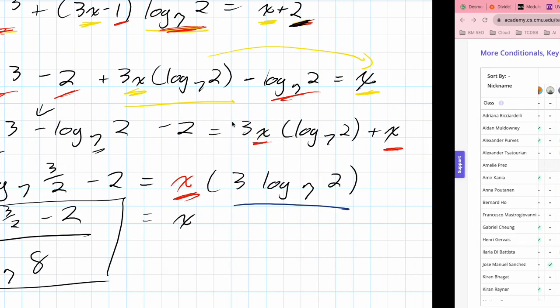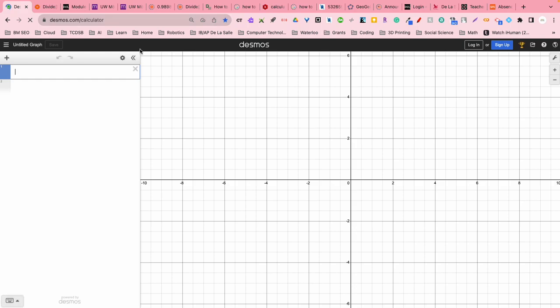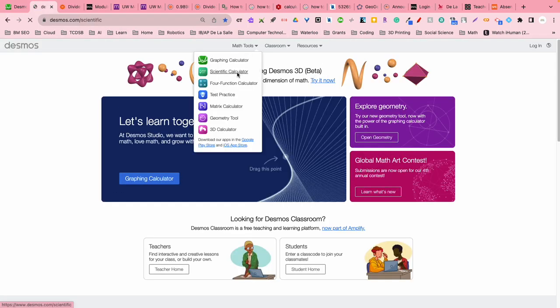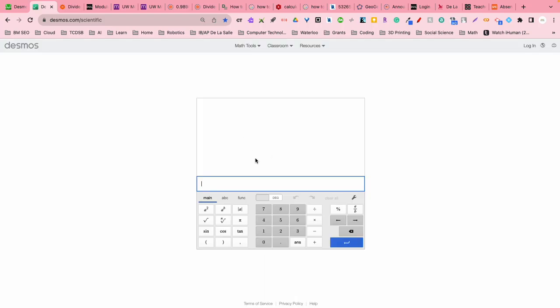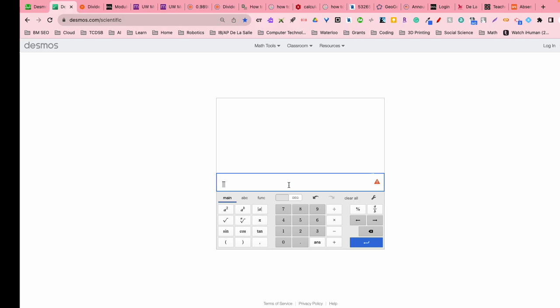Let's see if we can get a calculator up here. Let's do Desmos Scientific. All right, let's see if we can put this all together. We got a fraction that is, oh, it doesn't let me do base 7s on these, I don't think. I have it. Do you? Oh, awesome.